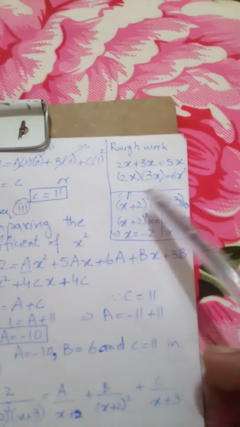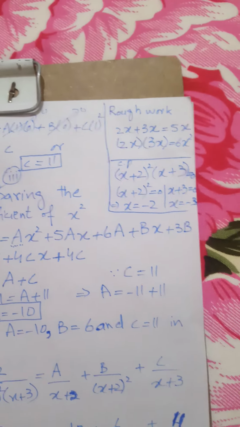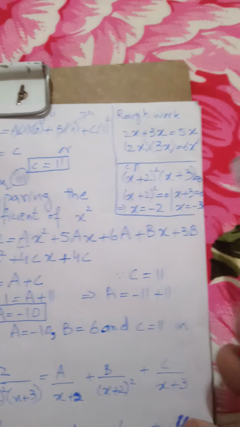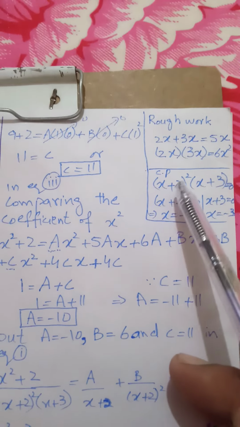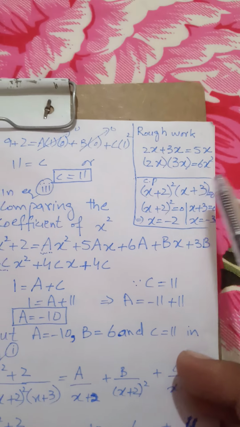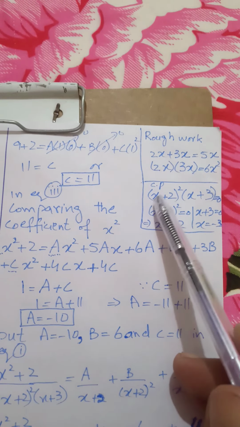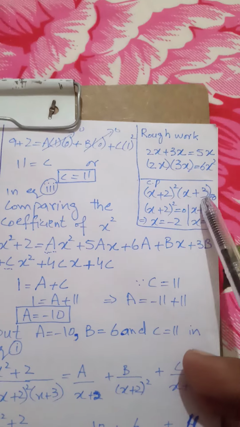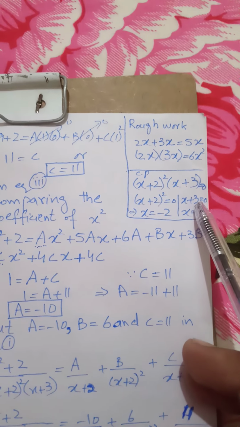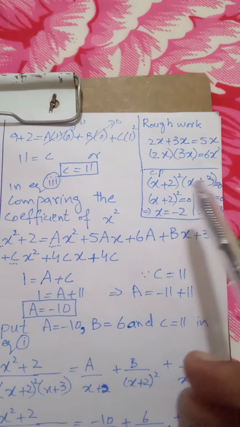This is a critical point, or CP, or you can say saddle points. So x plus 2 whole square into x plus 3, the product of two values is 0. It means that either this value is 0 or this value is 0. For a safe condition, we will take both values equal to 0.